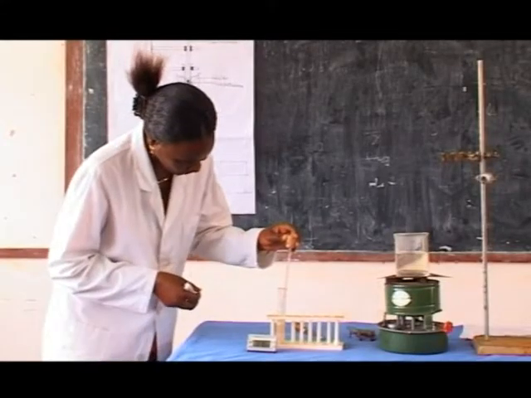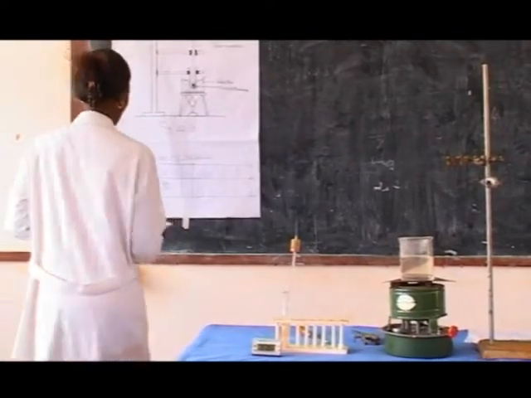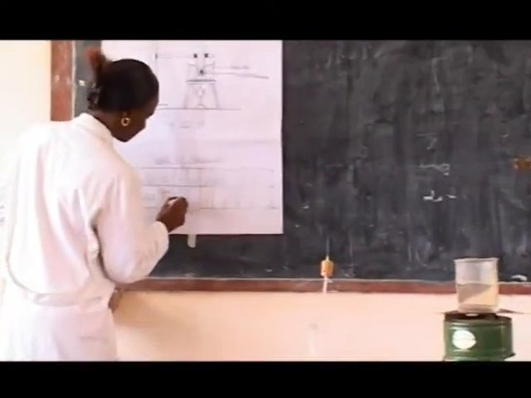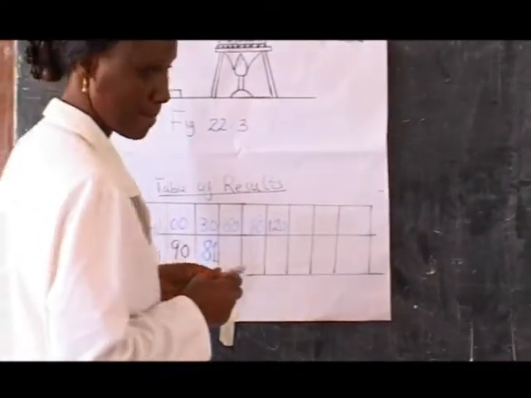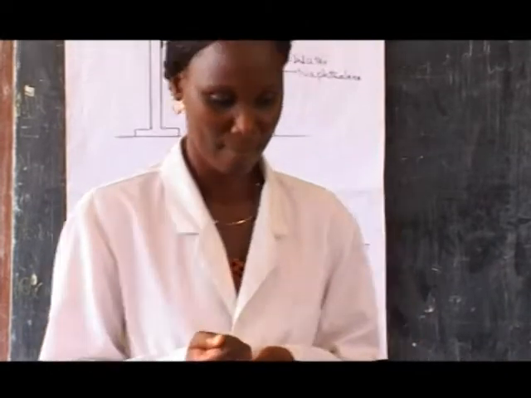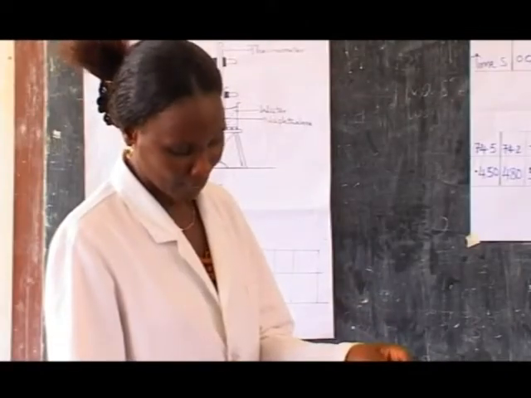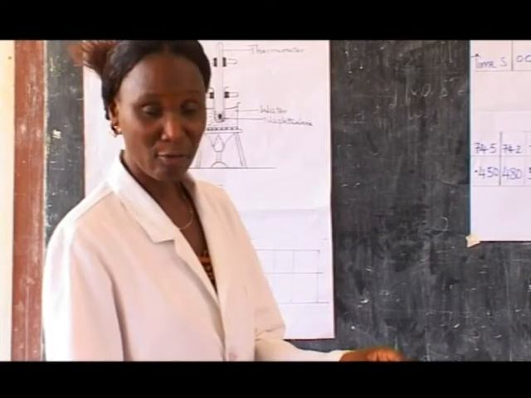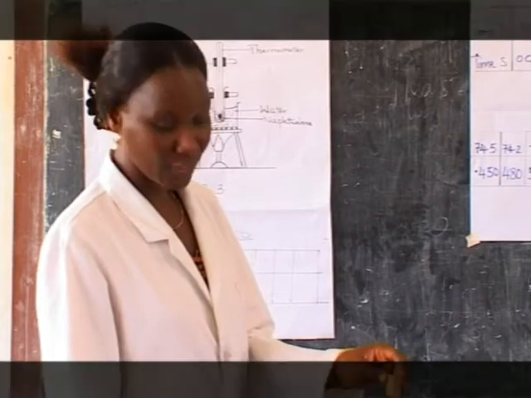The temperature is 81 degrees centigrade. Continue recording the temperature at intervals of 30 seconds until the temperature reaches 50 degrees centigrade.